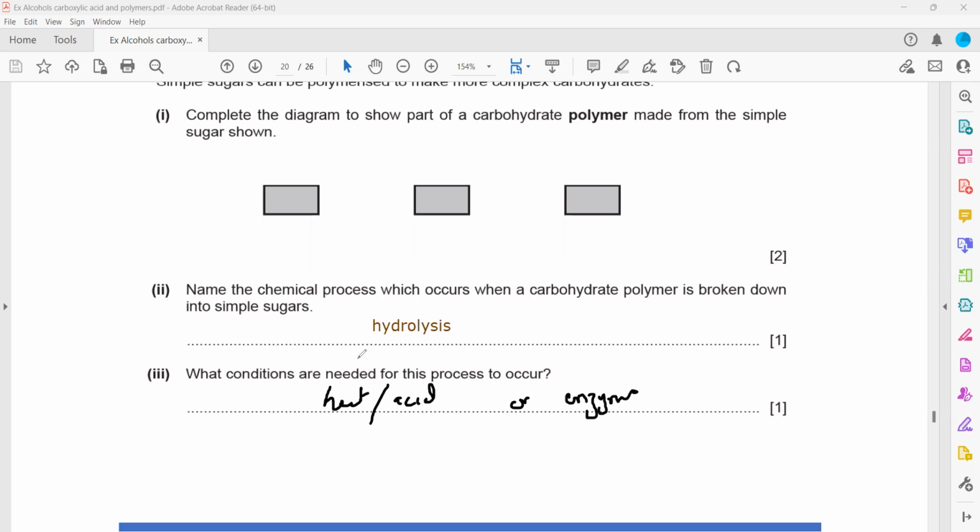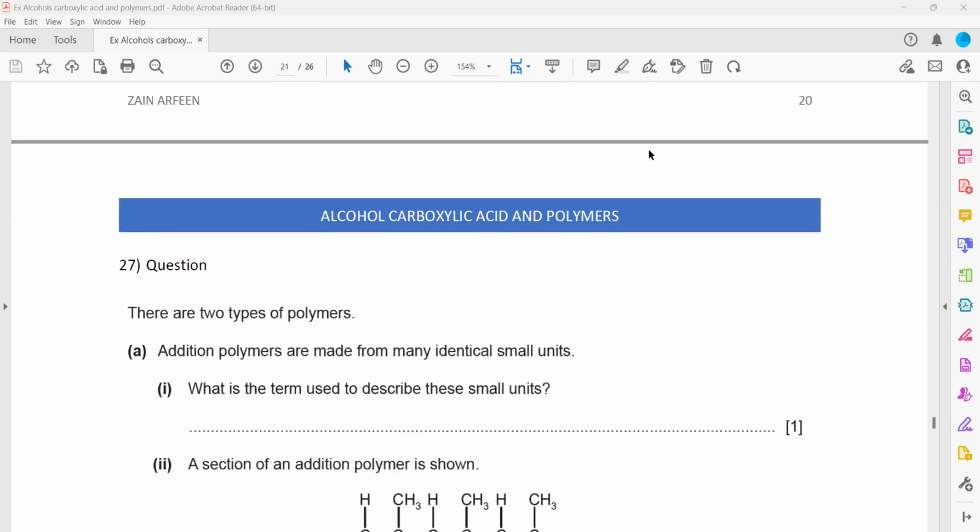Basically you can mention heating, or mentioning a water molecule is also fine.